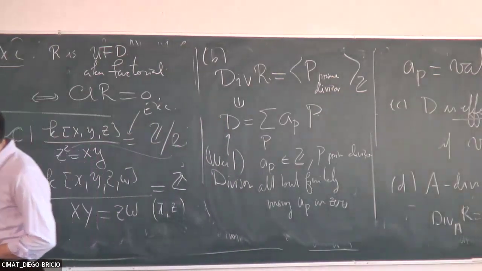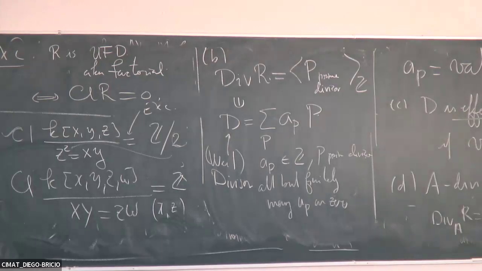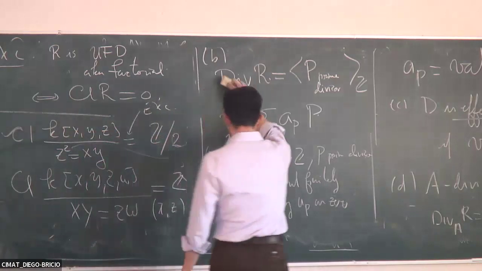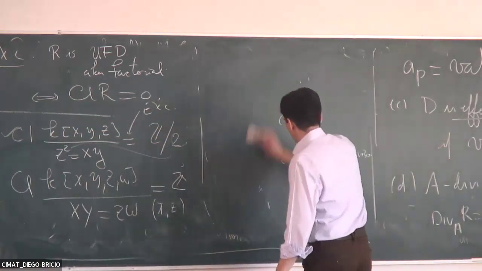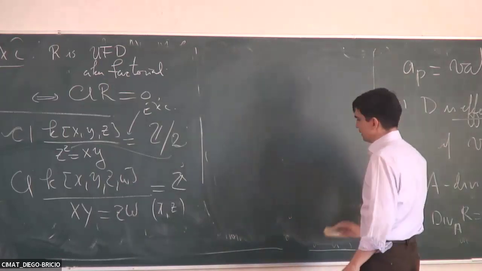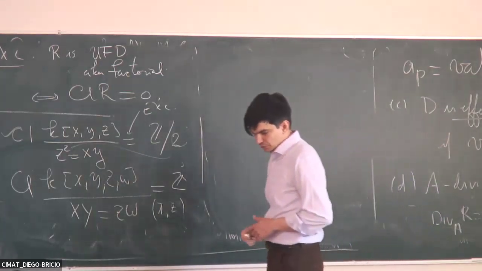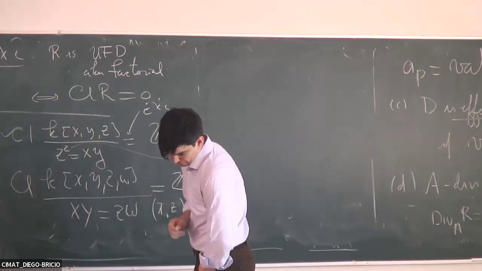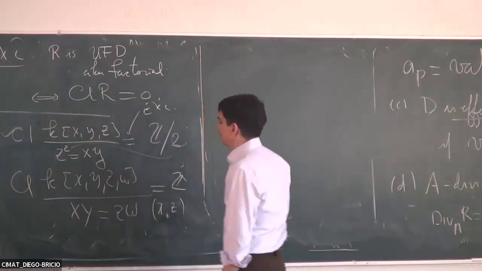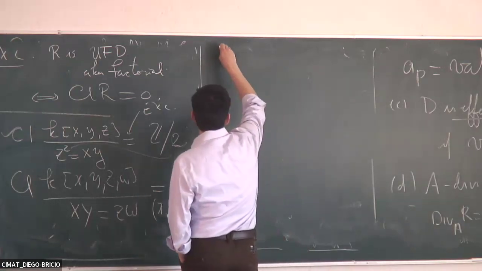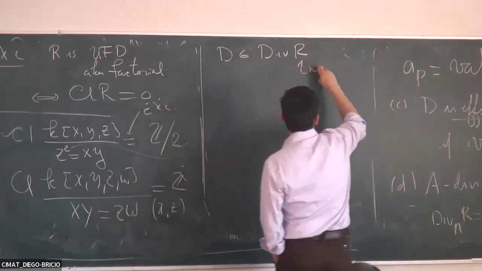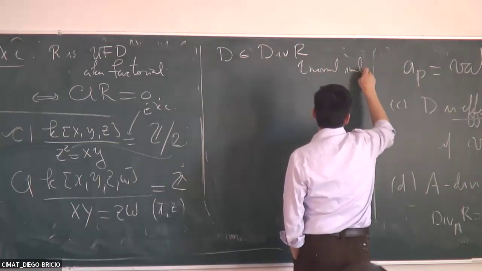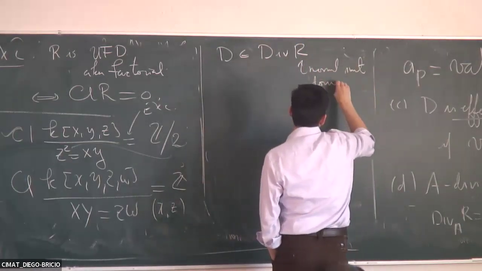I think we're almost done for today. So let's see. Now let's make the connection between these two things. What is the whole connection? So take D to be a divisor on a normal integral domain, okay?